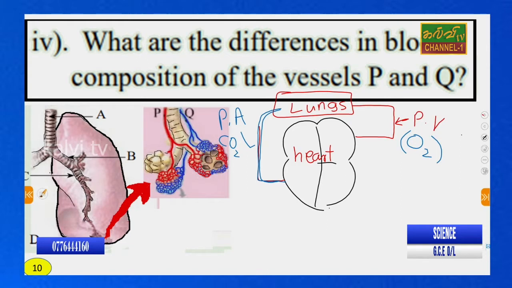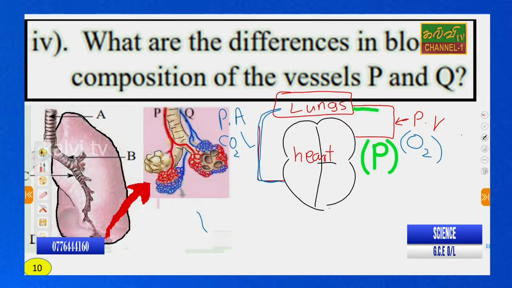So here, what are the differences in the blood compositions of the vessels P and Q? They have mentioned P, that is pulmonary vein.